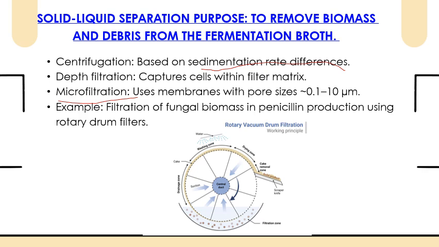The drum rotates in this section, and the vacuum is applied inside the drum, so this will draw the liquid through the filter cloth. These are the filter cloth. And then you have the cake formation zone. If you look at this zone here, this is what we call the cake formation zone. This is where the solid will accumulate.